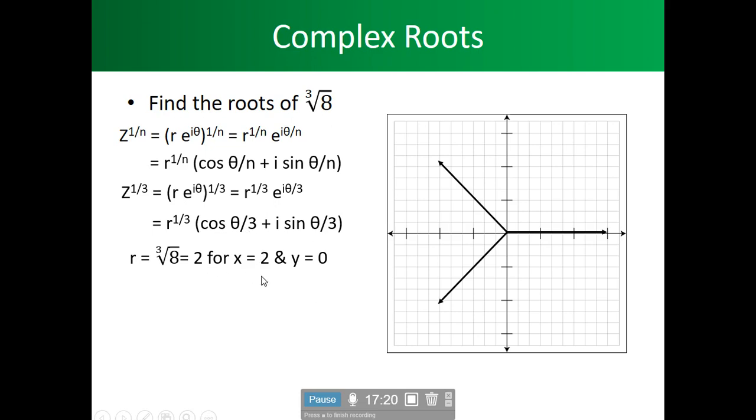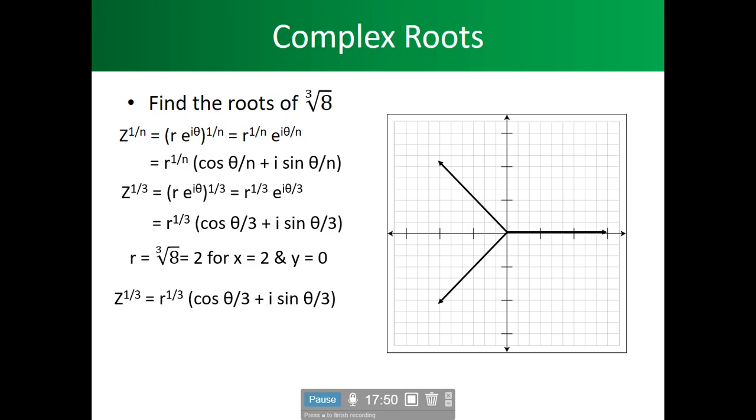And so what we see here is x is equal to 2 when y is equal to 0. So that's the one root that's actually coming out. As you can see, this will be this particular one at x equals 2 and y equals 0. Okay, so there are 3 roots because it has this root of 3.